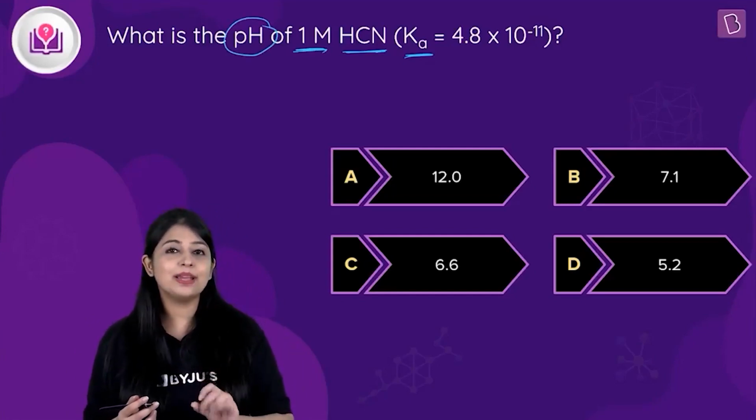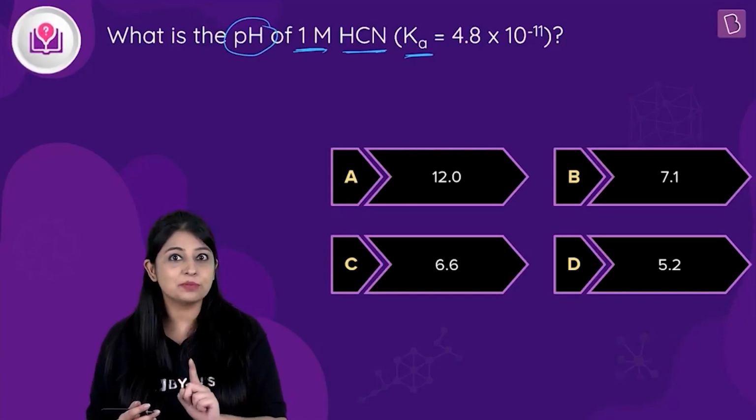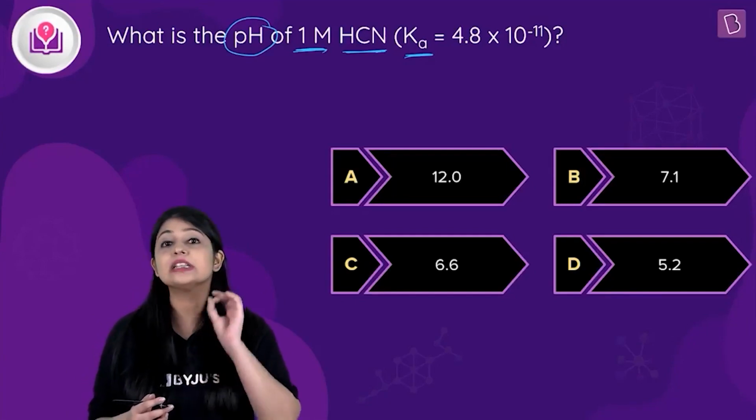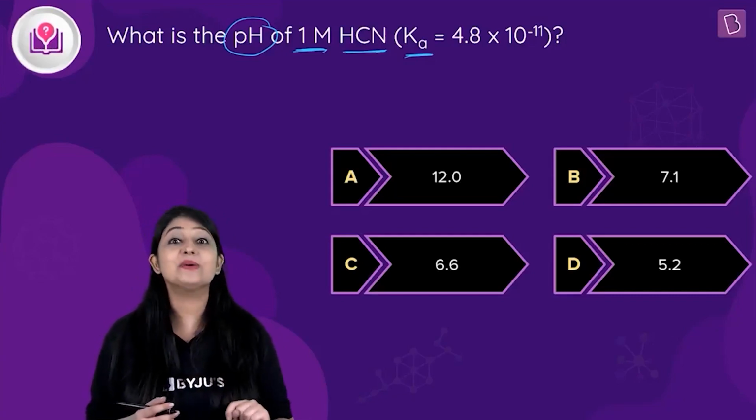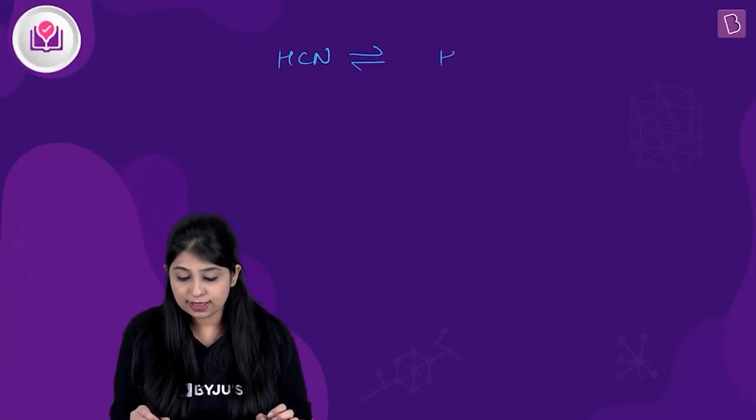To find out the pH, the first step we would do is find out the degree of dissociation, and only then will we be able to find out the pH. We have been given HCN. It dissociates partially into H plus ions and CN minus ions.